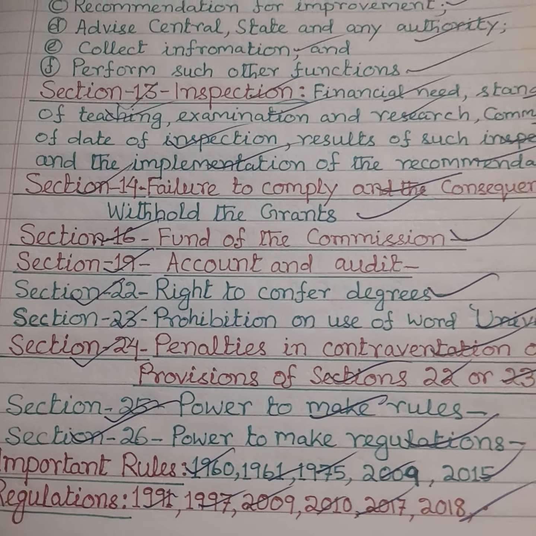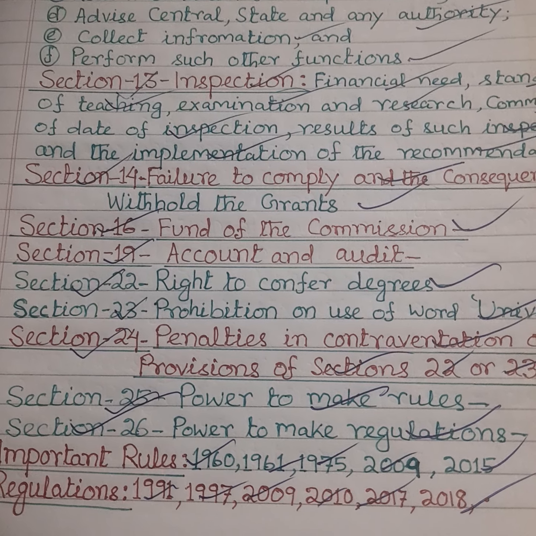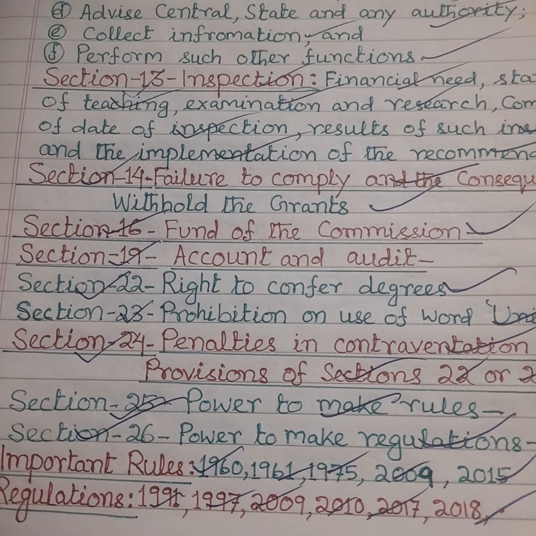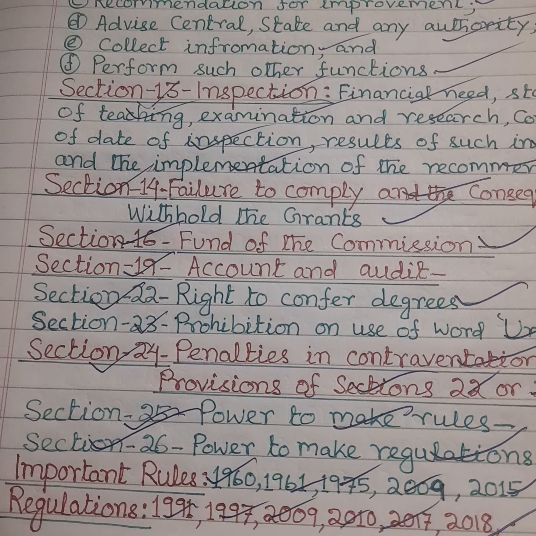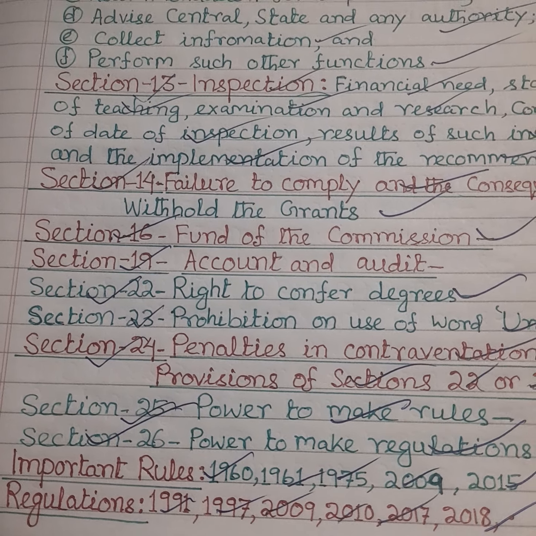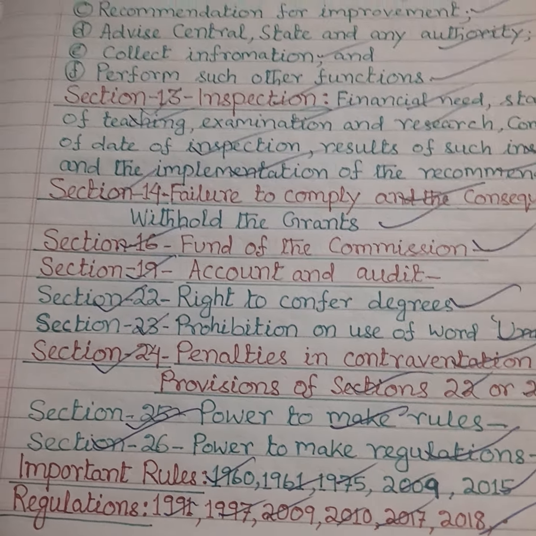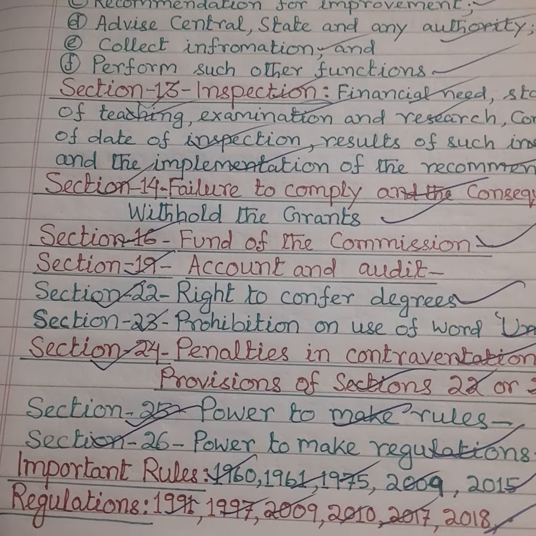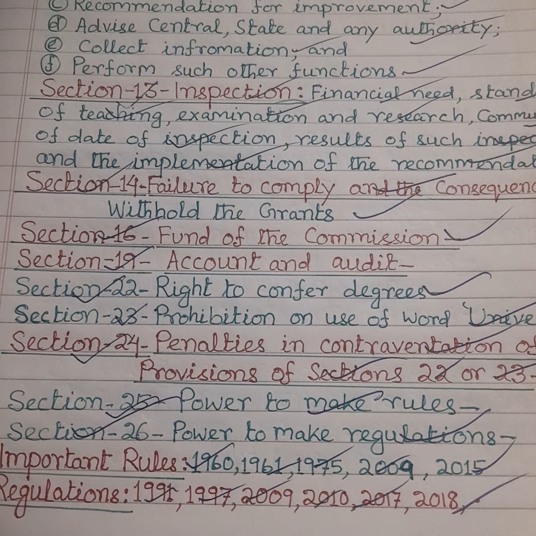Then in 2004, the University Grants Commission made the rules relating to returns of information by University Grants Commission. Then in 2004 also, University Grants Commission inspection of universities rules were framed, and in 2009 the University Grants Commission affiliation of colleges by universities regulation was framed.